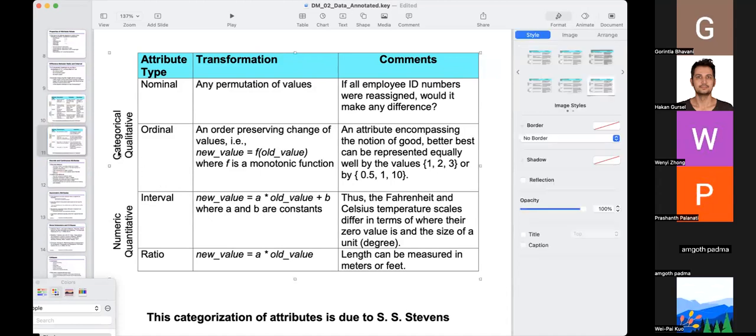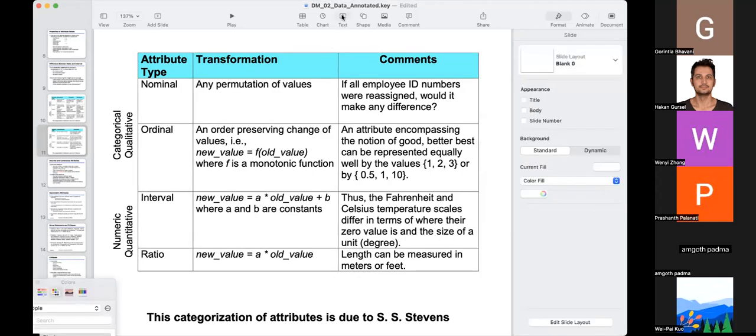We also have to note that we can have numbers or numeric attributes, which are also called quantitative, or categorical attributes, which are called qualitative.